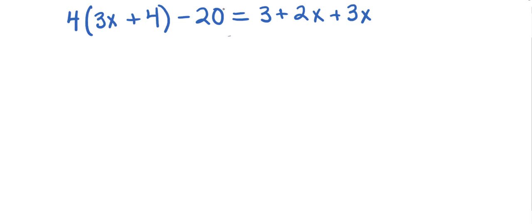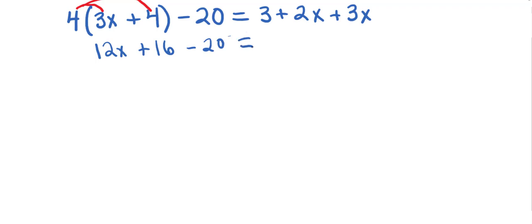All right, so I'm not going to touch the right-hand side, so I am simplifying. So the first thing I'm going to do is get this parentheses off. So I'm going to distribute the 4 only to the parentheses. So 4 times 3x is 12x. 4 times 4 is 16. Parentheses comes off. Bring down your minus 20.